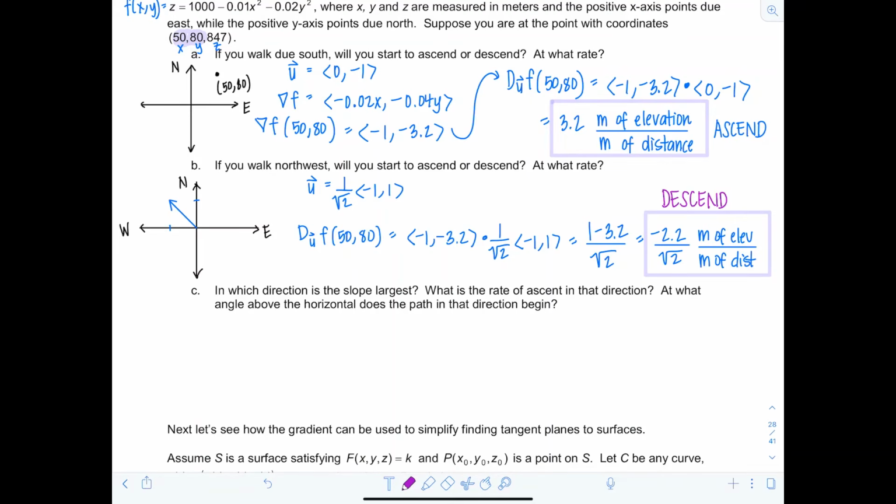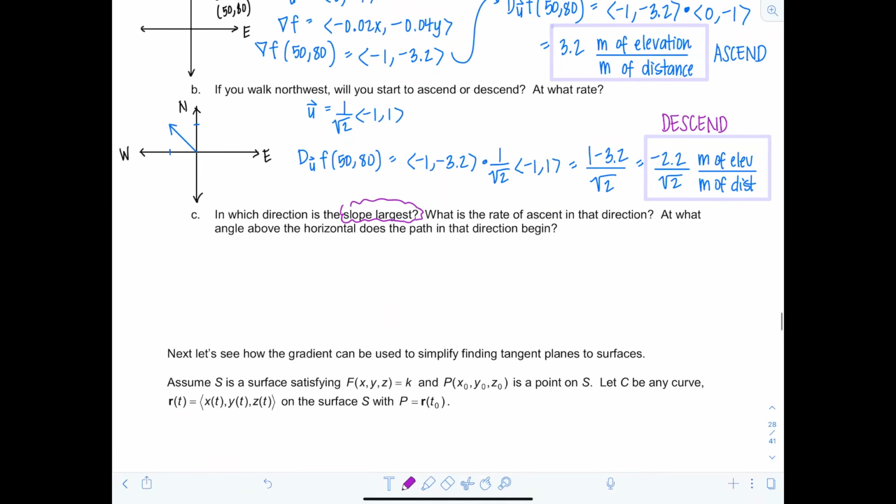All right, next part. In which direction is the slope the largest? So when is the rate of change a max? Oh, in the direction of the gradient. So in the direction of the gradient of f, which has components (-1, -3.2). Second part of the question, what is that rate of ascent?